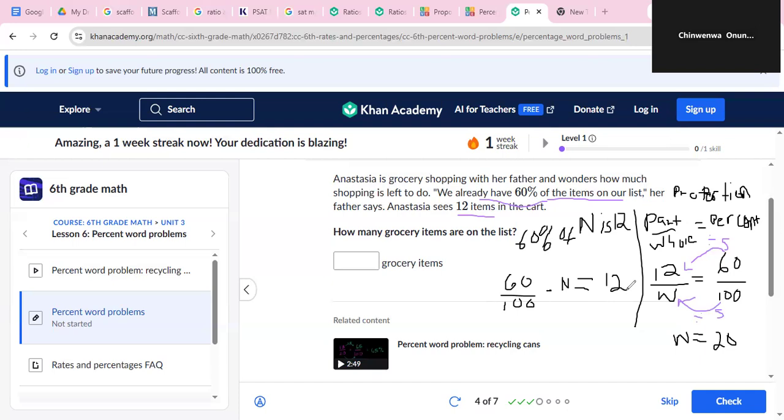So this gives us that 60n over 100 equals 12, if you want to go that way. So for n, we're going to multiply by the reciprocal, 100 over 60, on both sides.